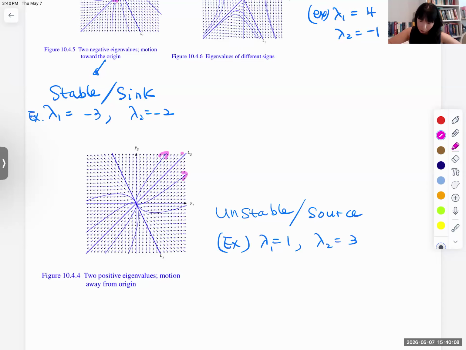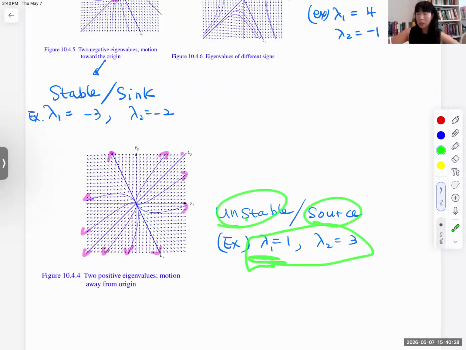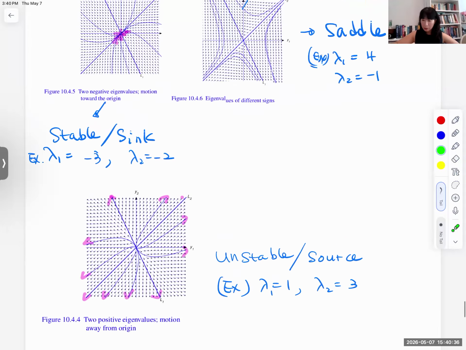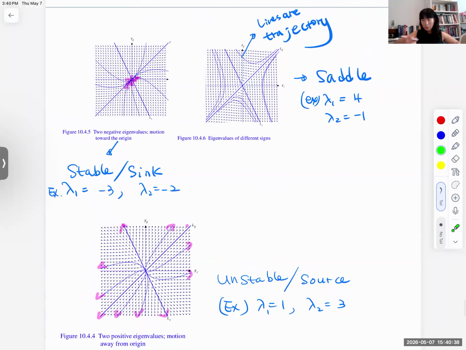The terminology is unstable or source. And this is 2 positive: lambda 1 equal to +1, the other one is positive 3. So very short about the graph and terminology.